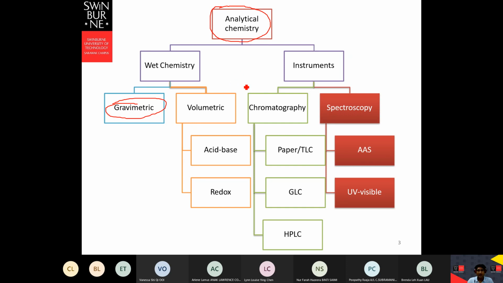And then we came to instruments, where we saw different types of chromatography: paper chromatography, column chromatography, HPLC, GLC, and how to use those to find out the identity of a chemical and then to quantify it. And now we are going to see spectroscopy. The instrumentation will be done by this analytical technique.